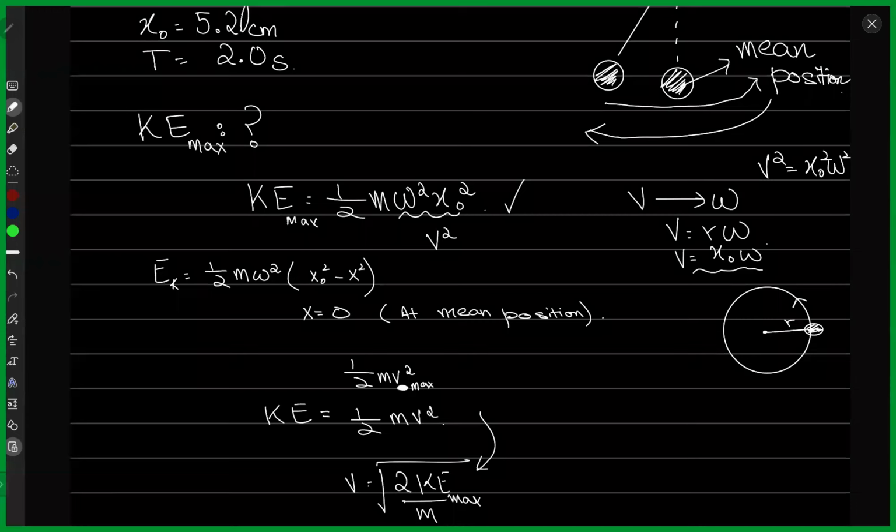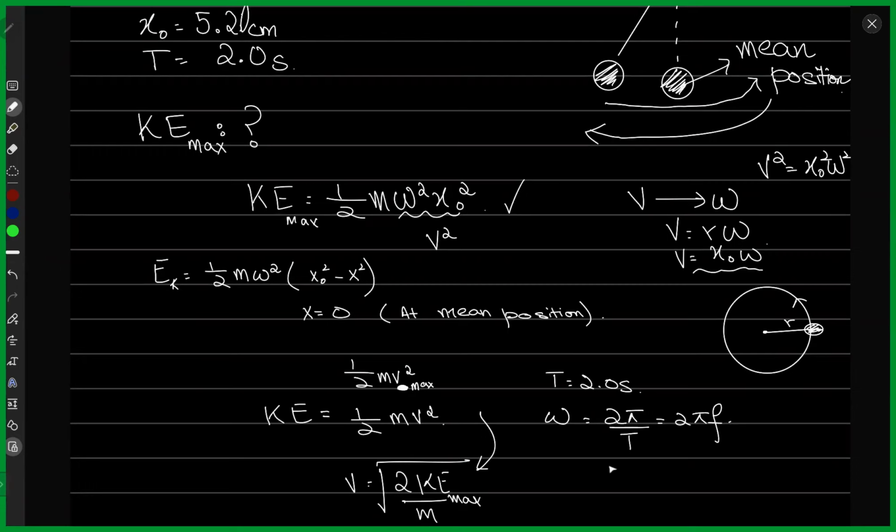Now we are given the time period. The time period of the oscillation is 2 seconds, right? So then finding this value for omega is very simple. You just have to remember that omega was 2 pi divided by T, or just 2 pi f, but f is 1 by T. f is the frequency of the oscillation.